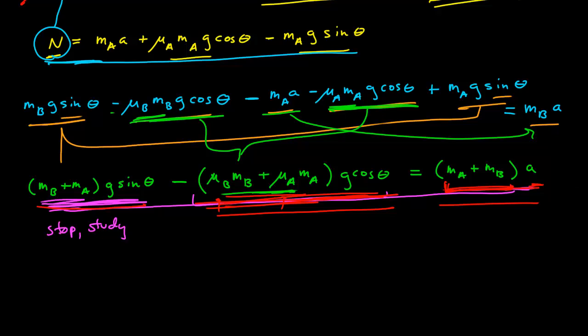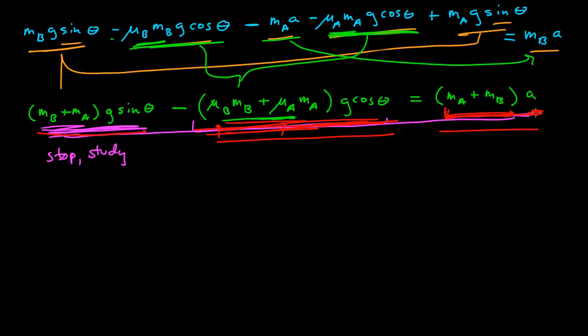So if I'm going to solve this, I can now just solve directly for a, and that gives me that a is equal to this. These sort of cancel, and I get a mass term here plus mass b.